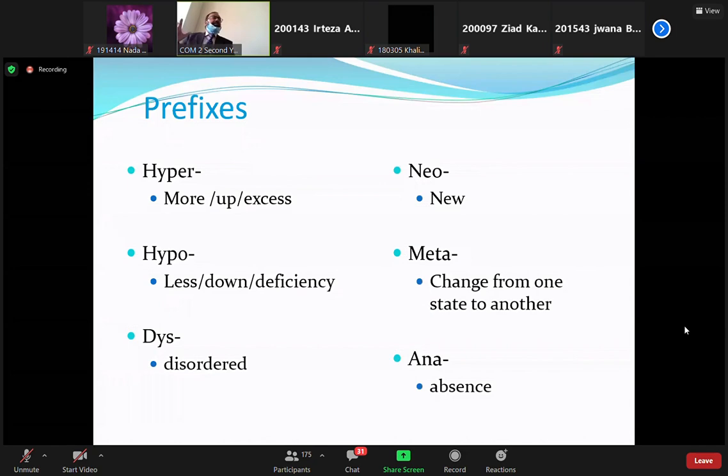Metaplasia. Anaplasia means absence of differentiation. Normally, you have squamous epithelium, made up like this. What happens in a tumor? We are talking about anaplasia now. In a tumor, the whole squamous epithelium will look like this one.